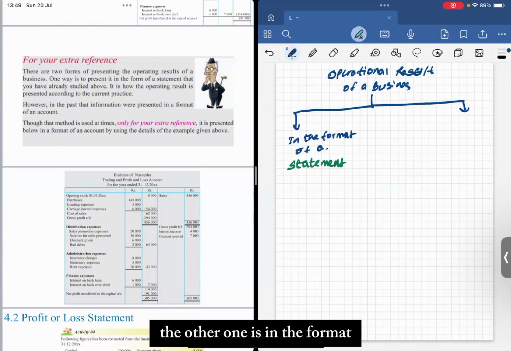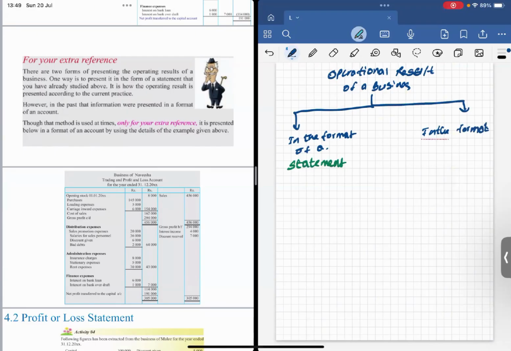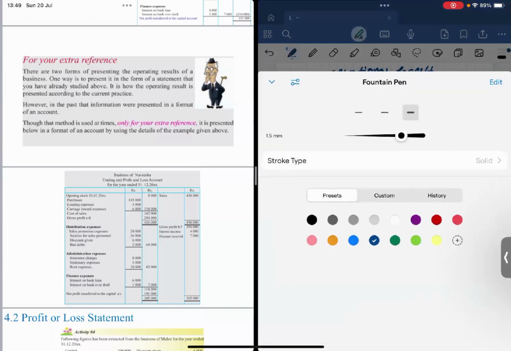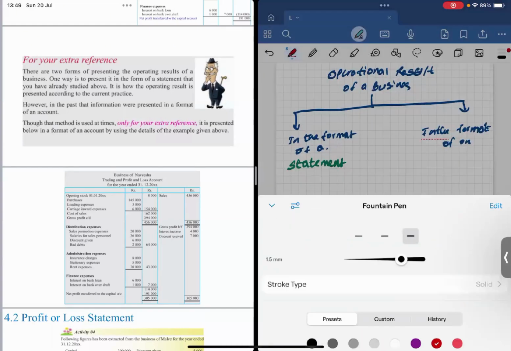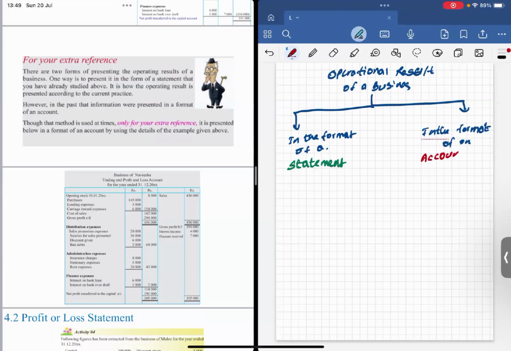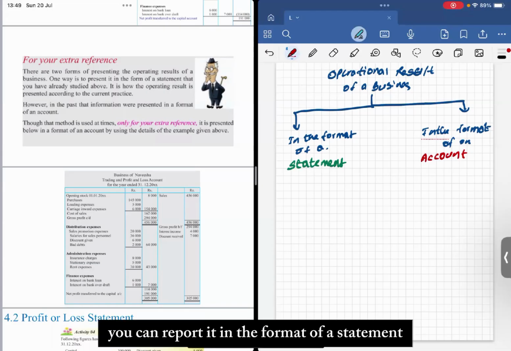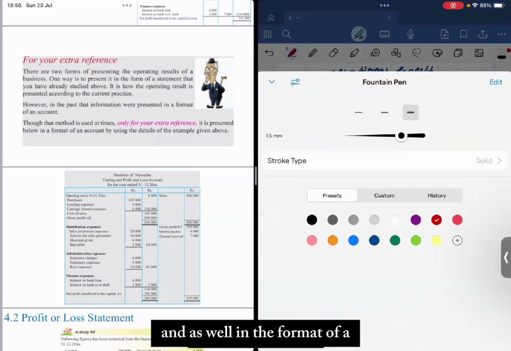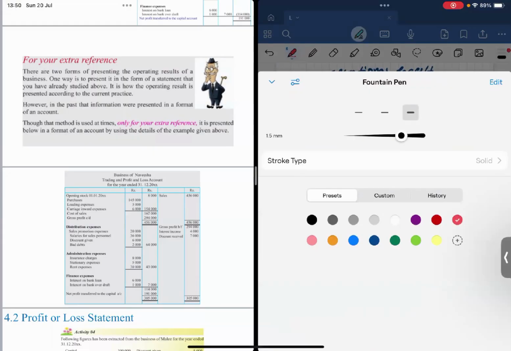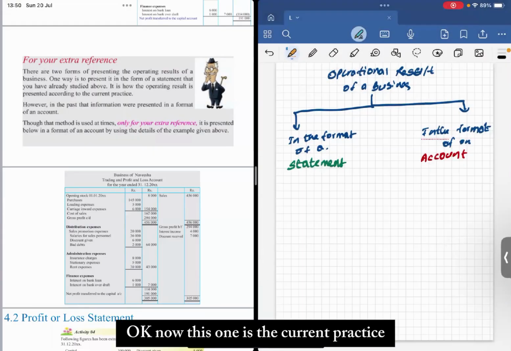The other one is in the format of an account. So the operational results of a business, how can you report it? You can report it in the format of a statement and as well in the format of an account. Now this one is the current practice.